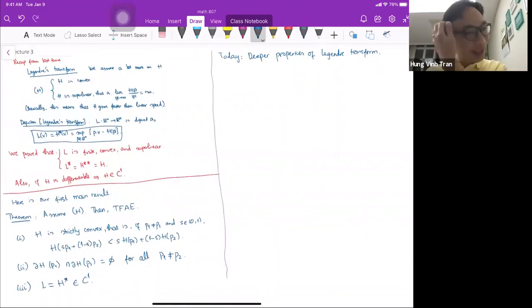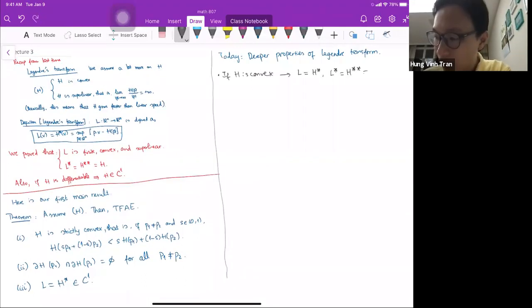So I recall here the Lagrange transform we recorded already last time. This was a summary of what we did, but maybe I would just say that if H is convex, I'm just writing down what we have, then we would have that L equals H star, and L star, which is H double star, goes back to H itself.